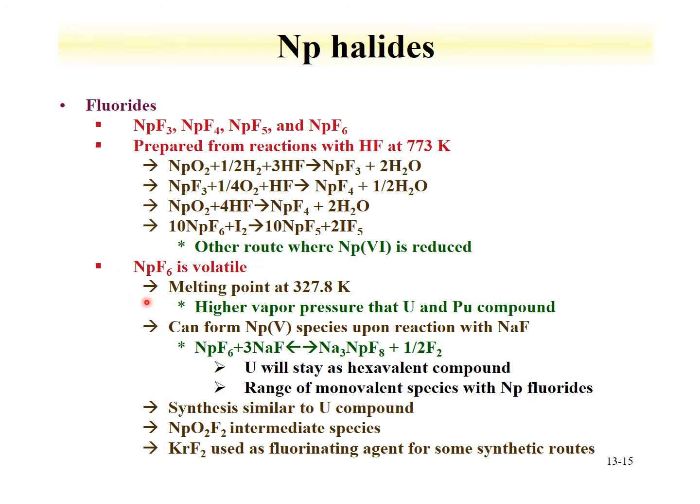Like uranium hexafluoride, neptunium hexafluoride is volatile, and it actually has a higher vapor pressure than both the uranium and the plutonium compound. The synthesis is similar to what we discussed for the uranium hexafluoride compound.